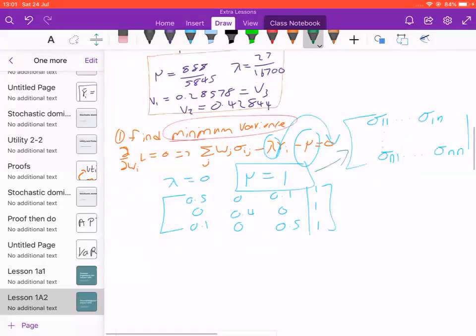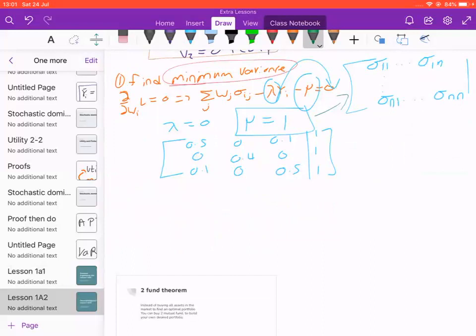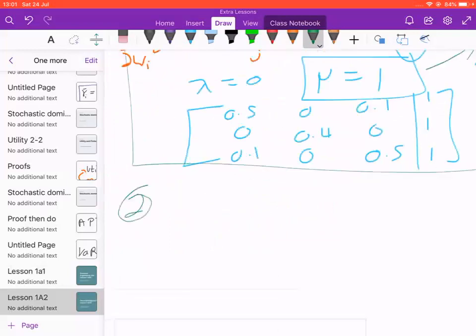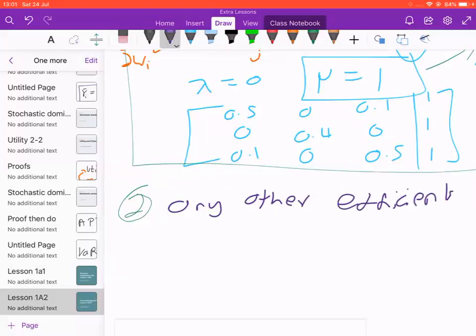Yeah. And this one is the most common one. Or they can just ask you to find any other efficient portfolio. If this is the case, you are going to let your mu equal 1 and your lambda equal 0.